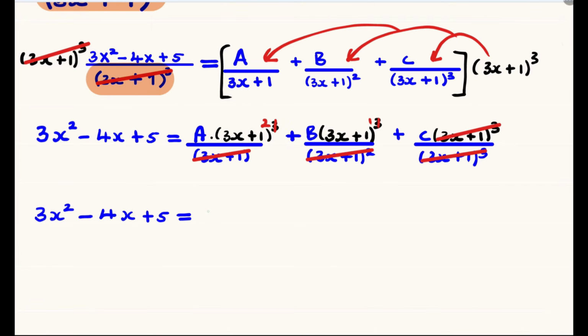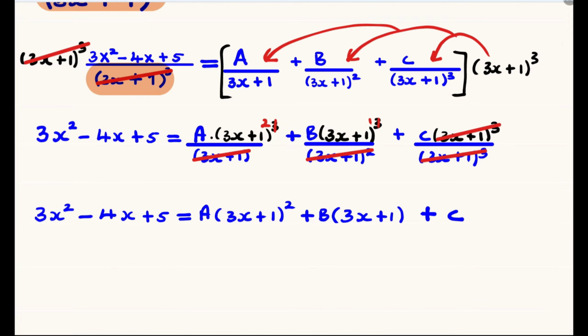Now we have A into (3x plus 1) raised to the power 2, plus B multiplied by (3x plus 1), and here we'll be left with just the constant C.